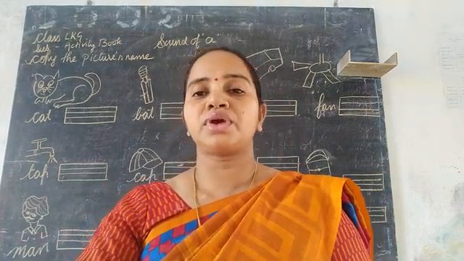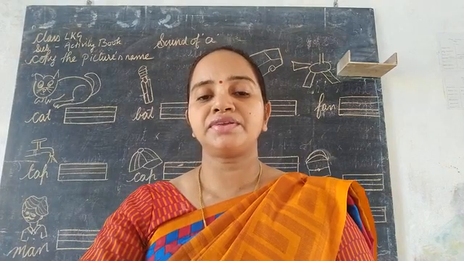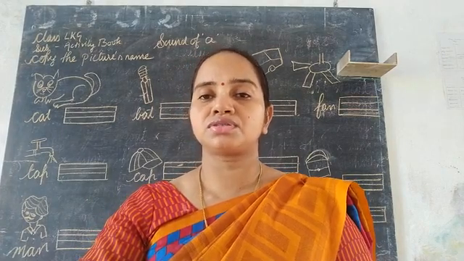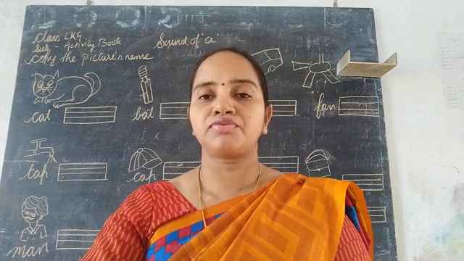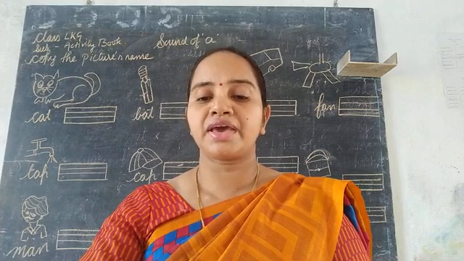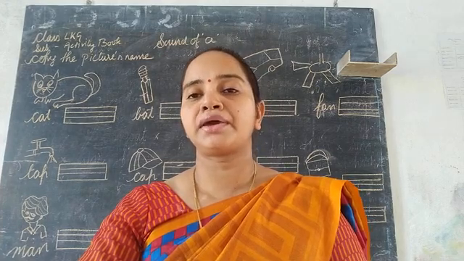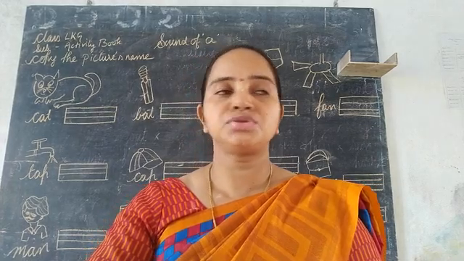Whatever word you write, you have to identify whether the first letter is a vowel or a consonant. If it is a vowel, you put AN before it, and if it is a consonant, like fan, car, jam, bag, before that you have to put what? A. Okay, so this is what we are going to do today.